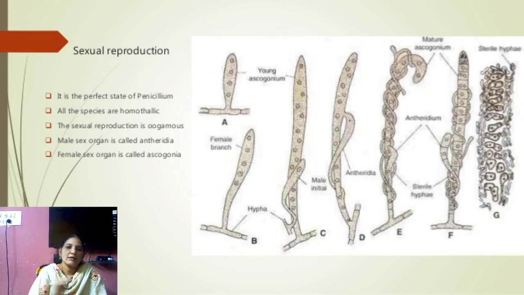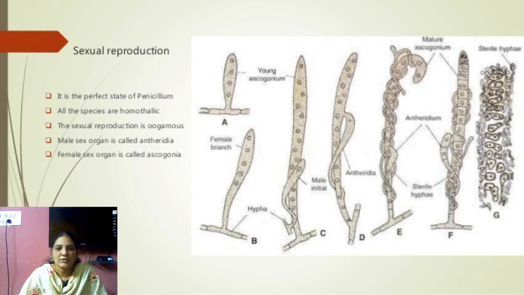After the formation of the diploid nucleus, each diploid nucleus separates with its own cell wall and forms one chamber.